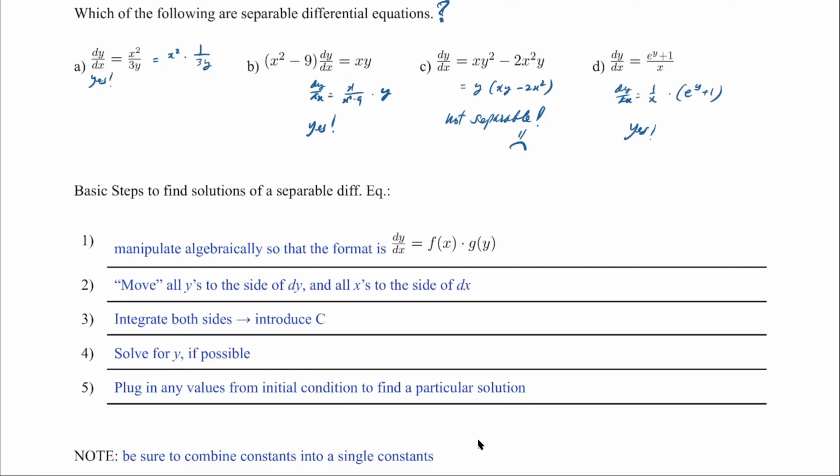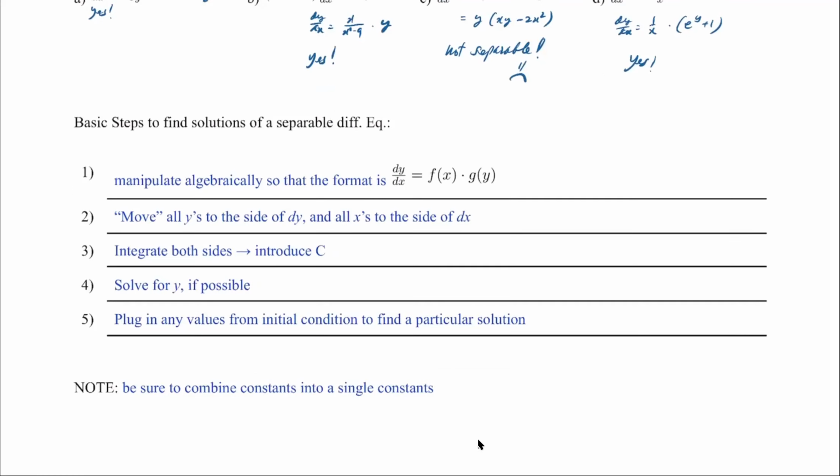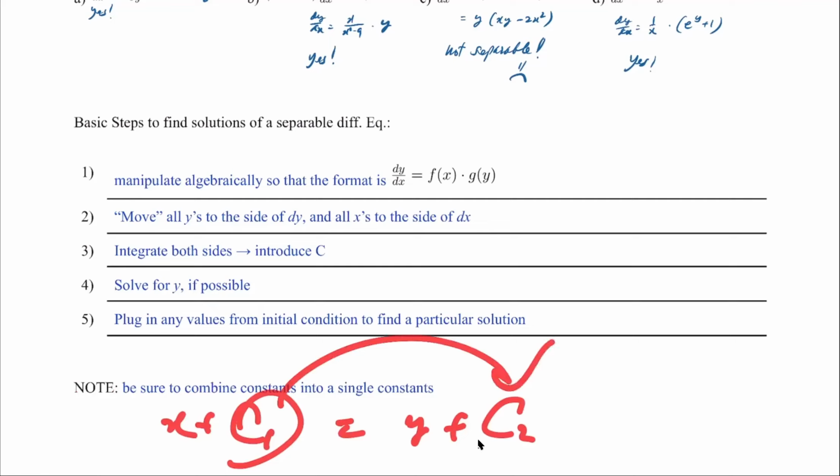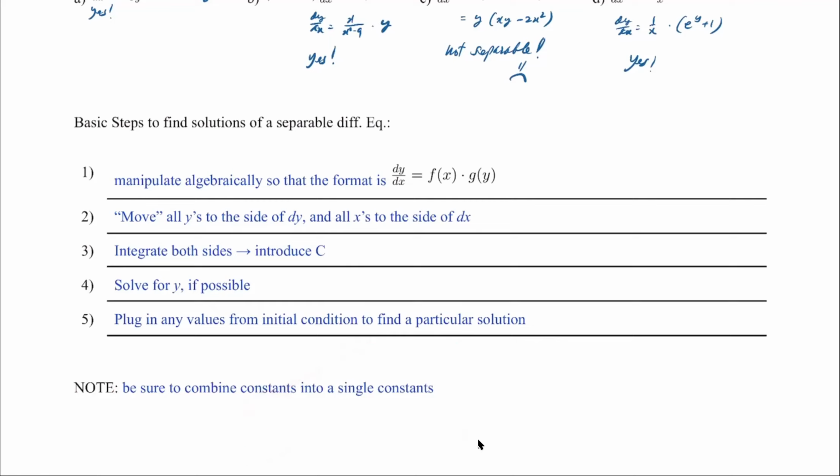It's a reminder, note, that you should be sure to combine all the constants into a single constant, guys. You don't want to have C1 on the one side and C2 on the other. Let's say an x and a y plus a constant; you want to move that to this side, or something like that, to combine all the C values.